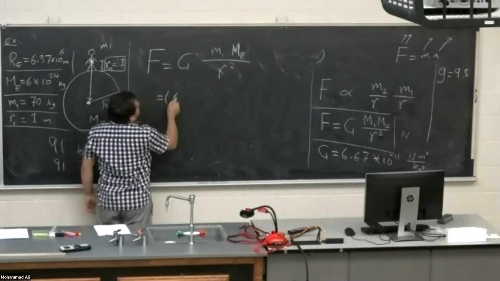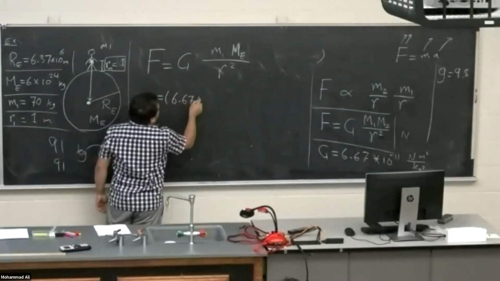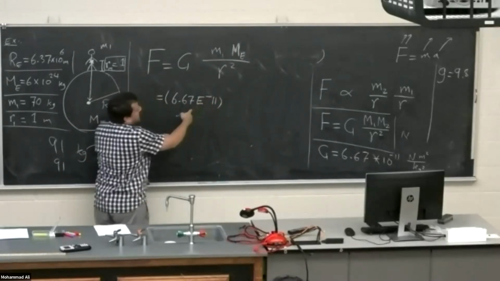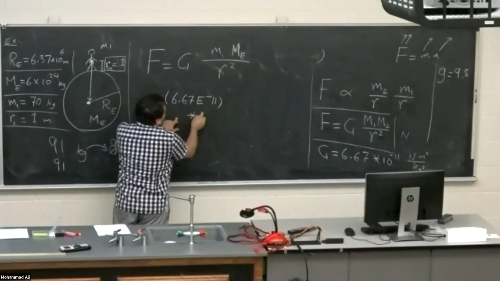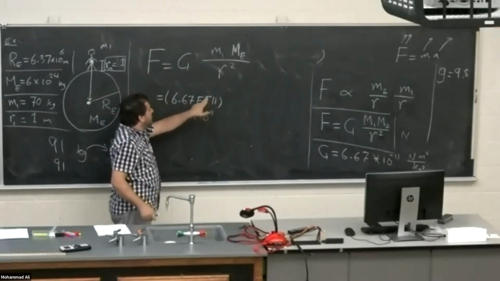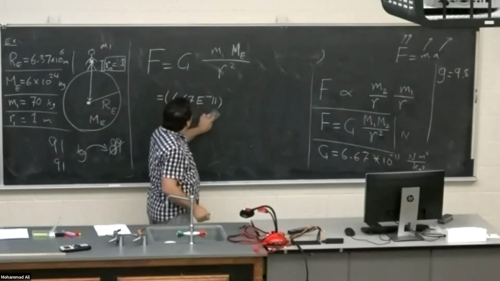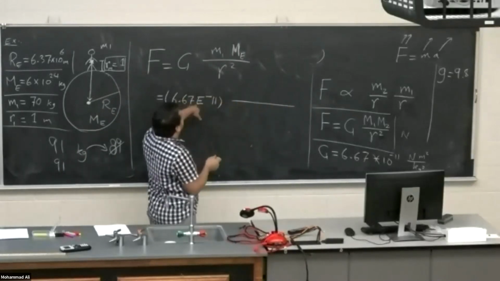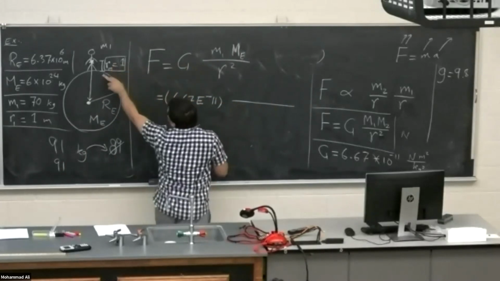It is equal to 6.67 E minus 11. You know this E means 10 to the minus 11. You can see it in your calculator. The first mass is 70.